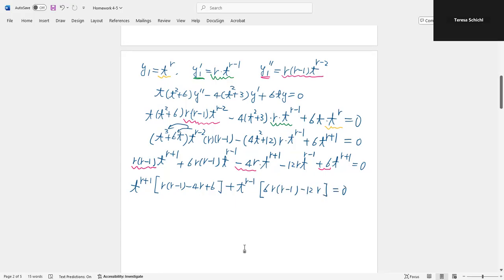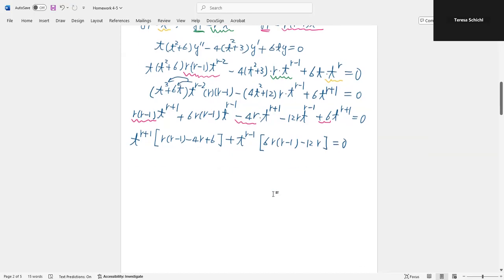Okay, now I'm going to do some very tedious algebra. So it's t to the r plus 1 times r squared minus r minus 4r plus 6. And then this is plus t to the r minus 1 times 6r squared minus 6r minus 12r equal to 0 here.